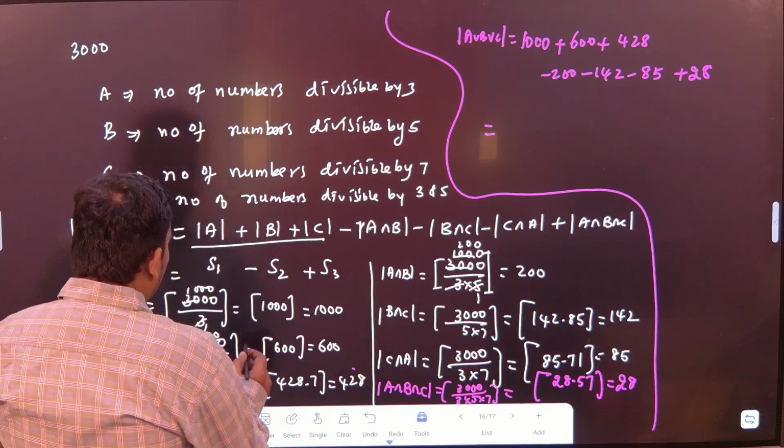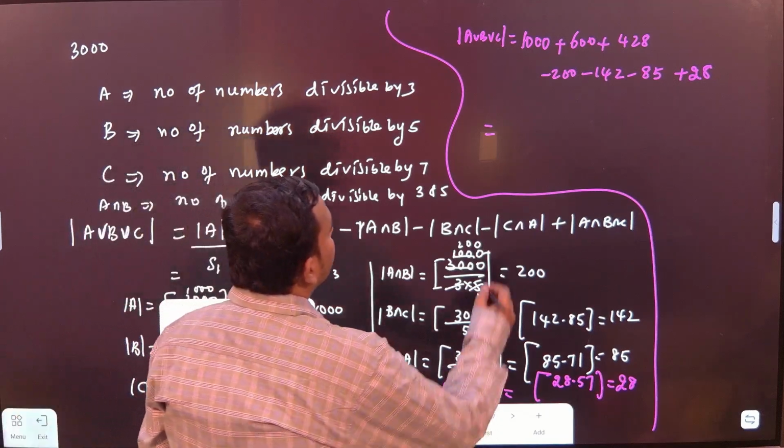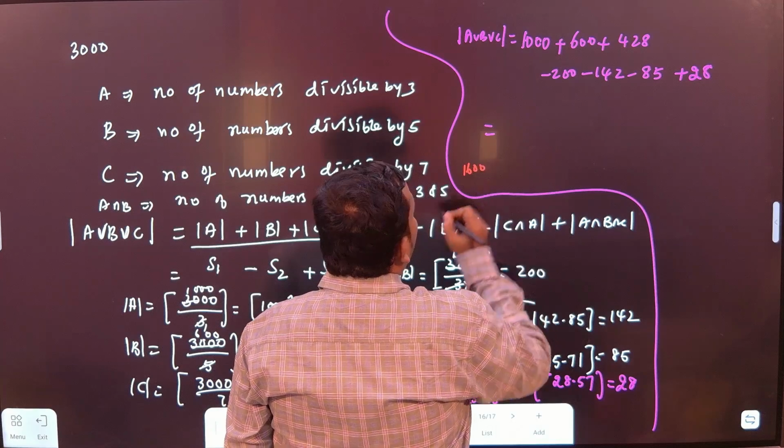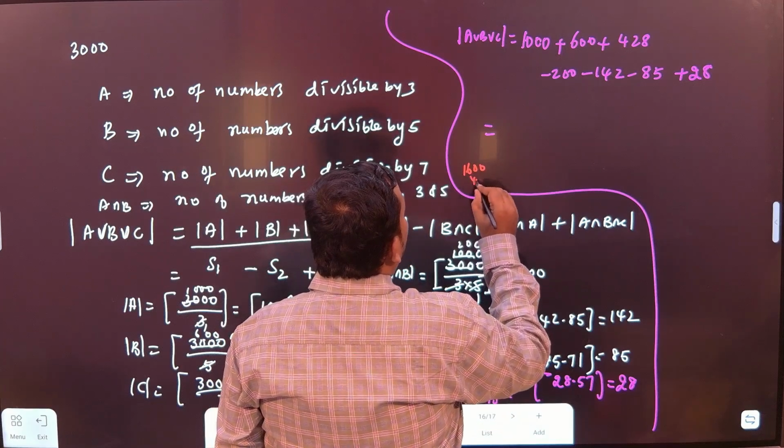Then do it quickly. The calculation is what? 1600 plus 428.